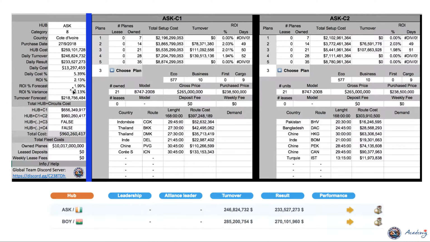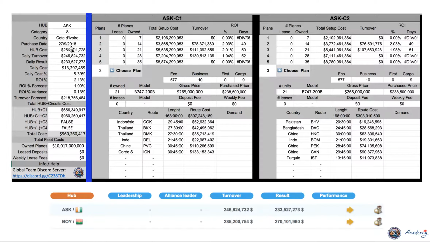I use both of them. In the calculator I provide, in the area where it says turnover, I put my gross forecast revenue and divide it by my total operational cost to get my estimated gross ROI.